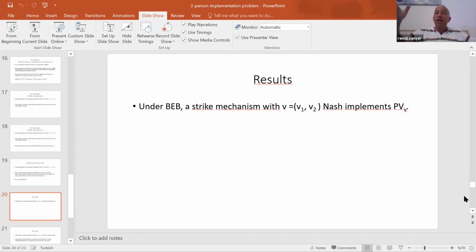And here are our results. First, if we have the best element bias, so I prefer in an irresolute outcome the best element to the irresolute outcome, then our strike mechanisms Nash implement the Pareto-and-veto rule. To be more precise, our strike mechanism where the veto distribution is v Nash implements the Pareto-and-veto rule where the veto distribution is v.